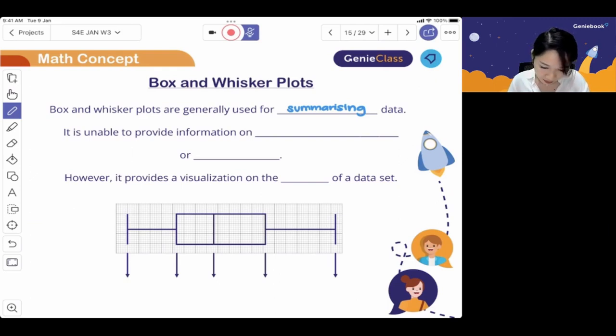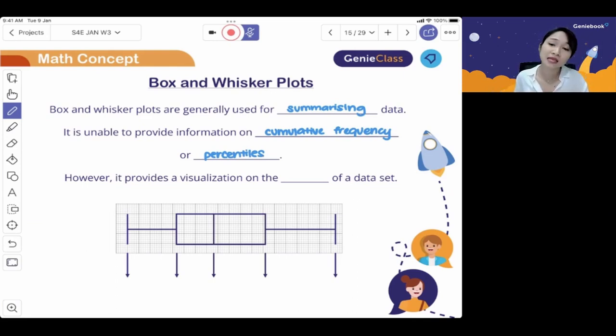So what that means is that we don't have information on the cumulative frequency or percentiles. We can only work backwards.